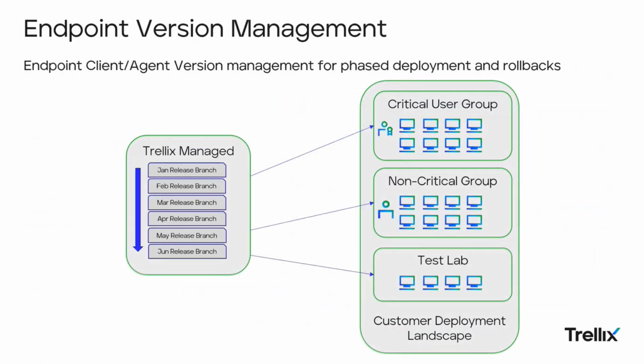Then endpoint version management. So like I spoke about, this is more of a parity between on-prem and SaaS, but we don't intend to do it exactly as is. For the customers who are joining us from an on-prem context, who already have on-prem deployments, they are using the endpoint version management capability, which allows them to put various versions of product in branches which are oriented as a previous, a next and a current branch, which allows them to have various deployment sets.